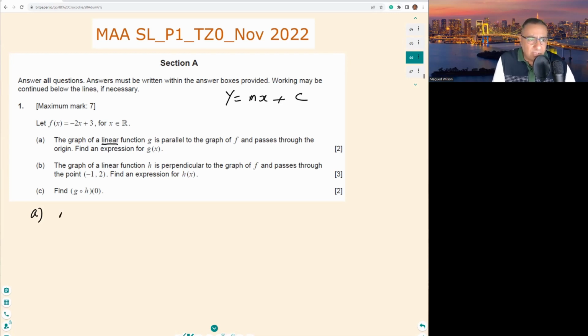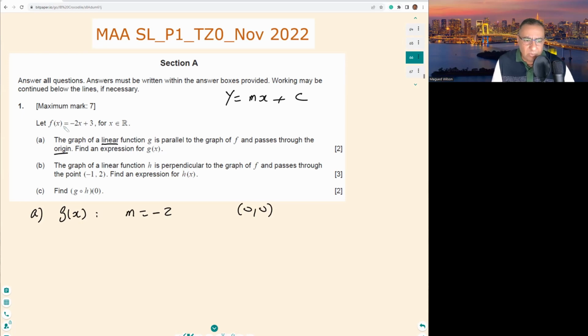So the slope of g equals the slope of f, which is -2. And we also have a point: it passes through the origin, which is (0, 0). So we can find the equation of g of x. There are a couple of ways of doing this.